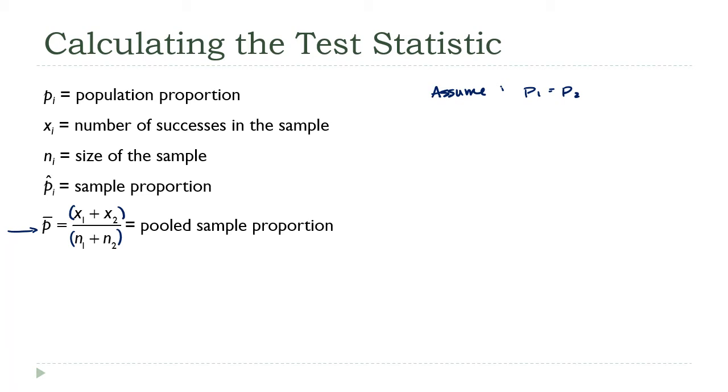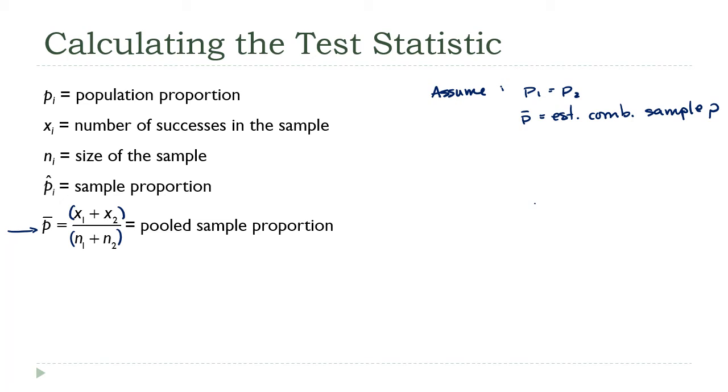So p bar is the estimator of the combined sample proportion. And referring back to my teaching example, this would be the population made up of all of the students together, regardless of the method the teacher used with them.